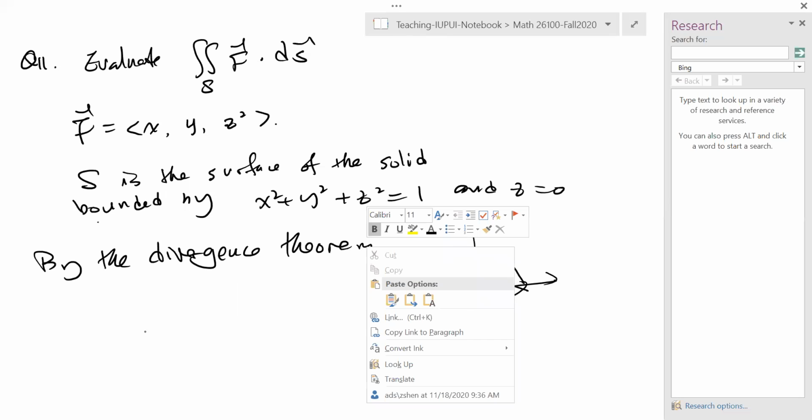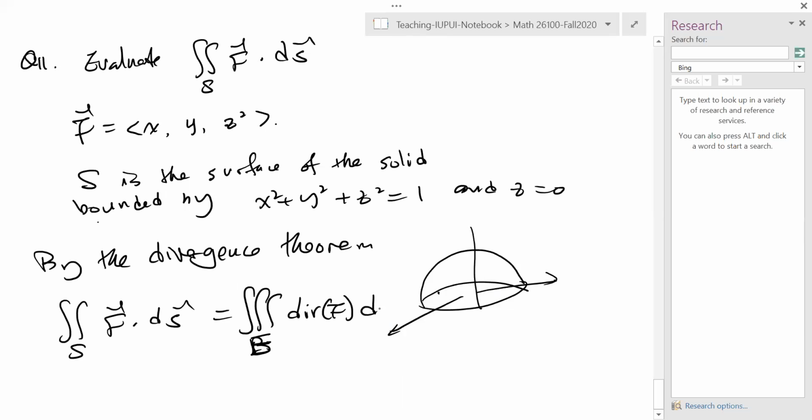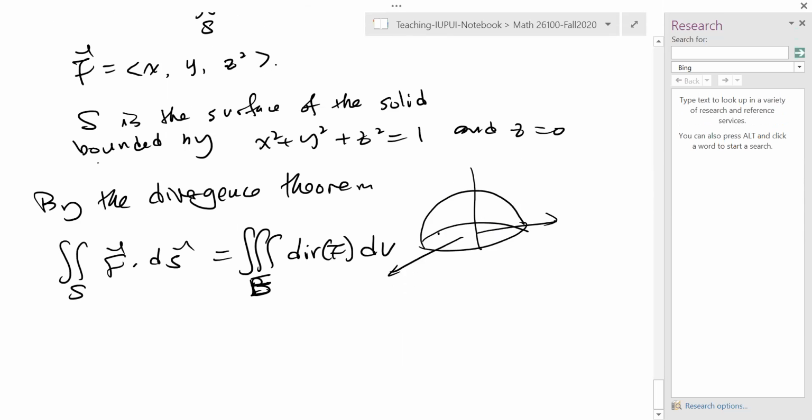By the divergence theorem, this surface integral becomes the triple integral. Okay, so the triple integral over B of the divergence of F dV. So just compute the divergence.